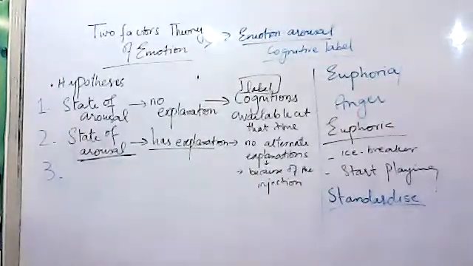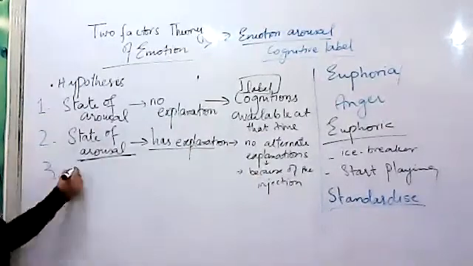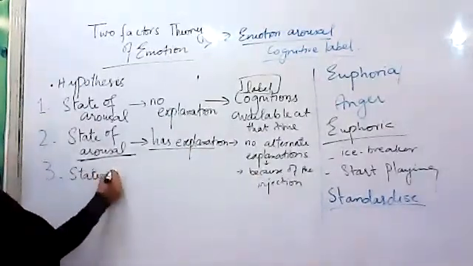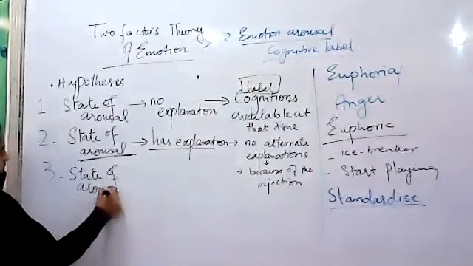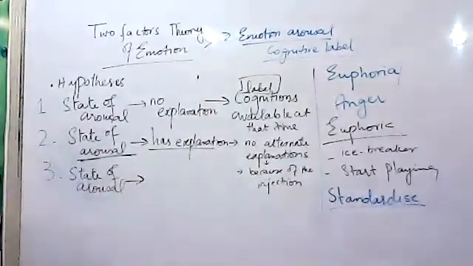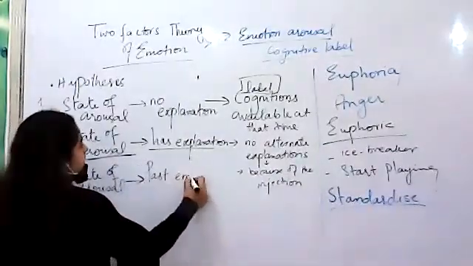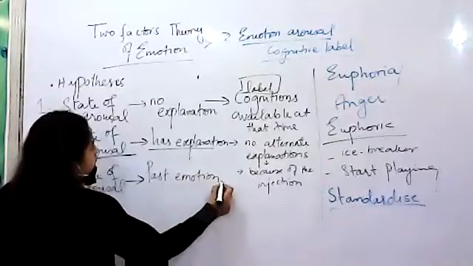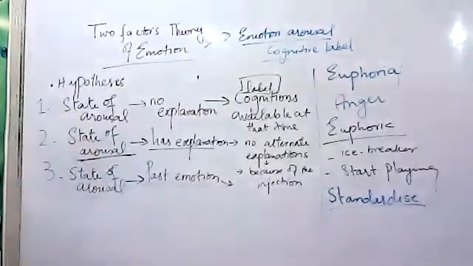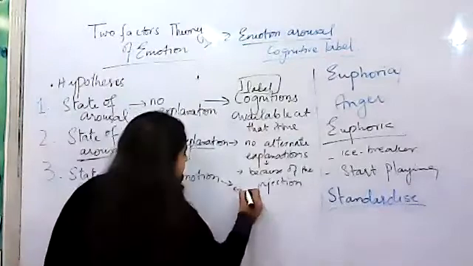And the third question is, when you have a specific state of arousal for which you have a past emotion, like you have experienced it previously as well. So what will you do? You will explain emotions if they are in the state of arousal.